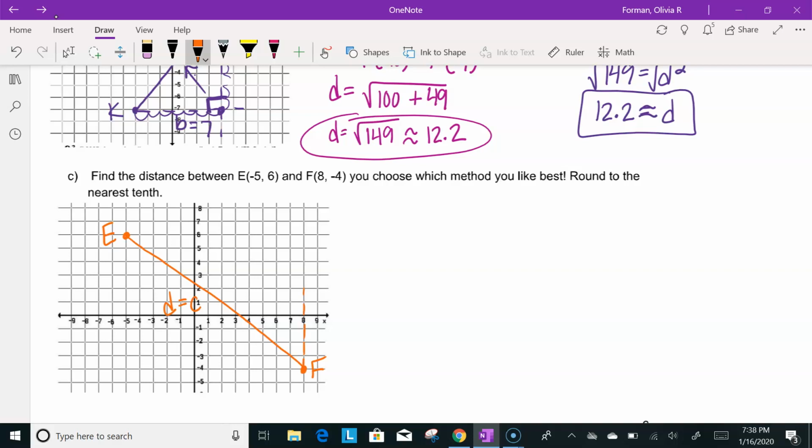I go straight up from F, straight right from E. I create that right triangle there, call these sides A and B, and find my distance. So if I start with side B, 1, 2, 3, 4, 5, 6, 7, 8, 9, 10, 11, 12, 13. It's a length of 13 there. And then I look at A. 1, 2, 3, 4, 5, 6, 7, 8, 9, 10.